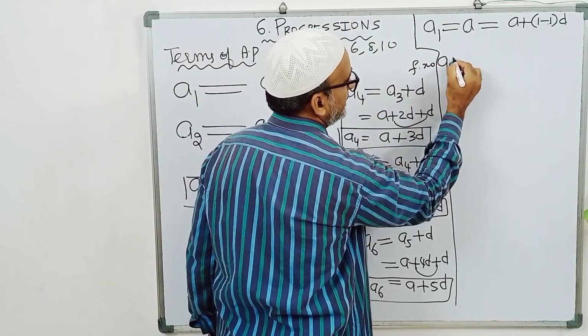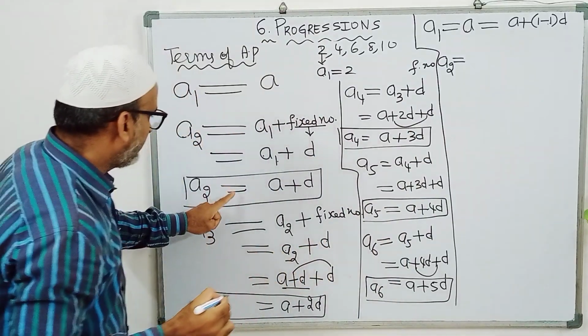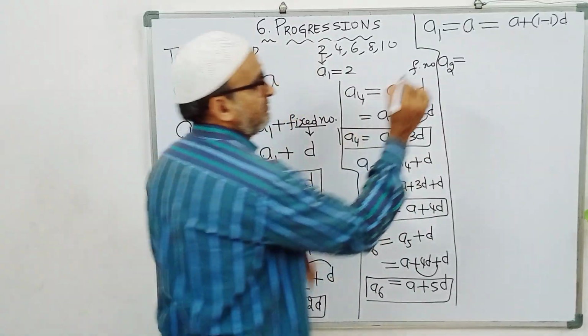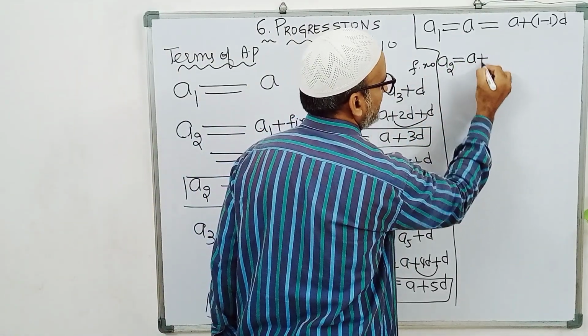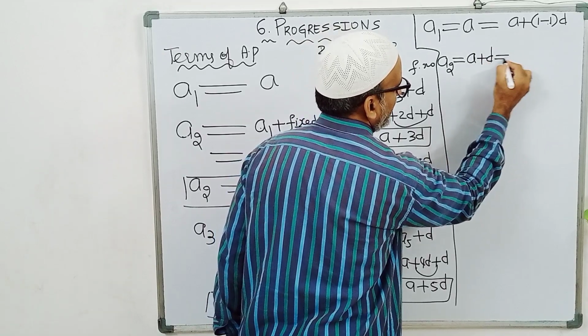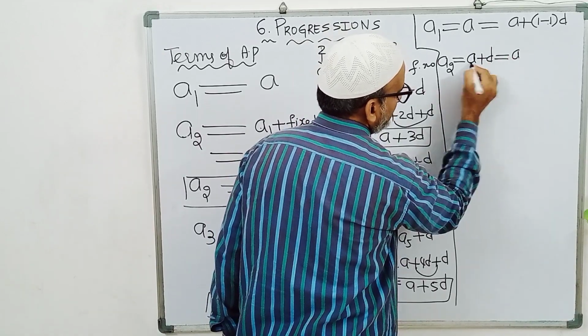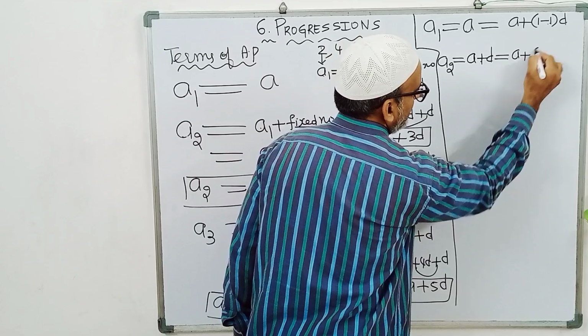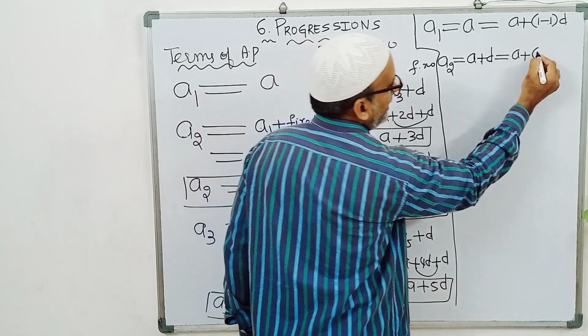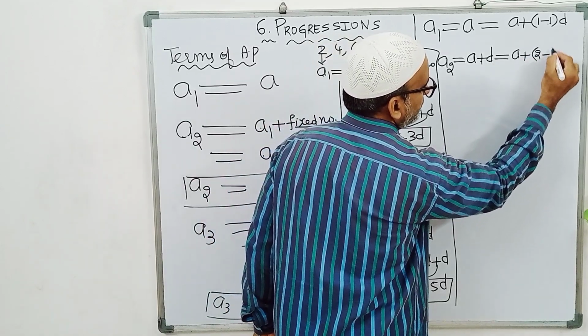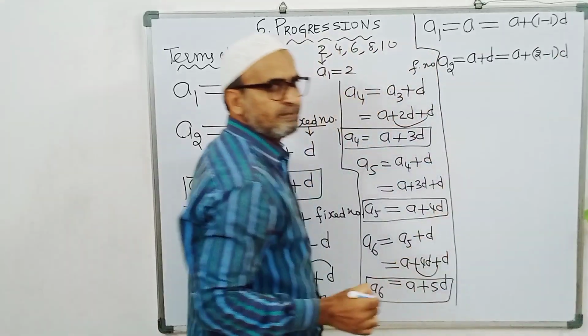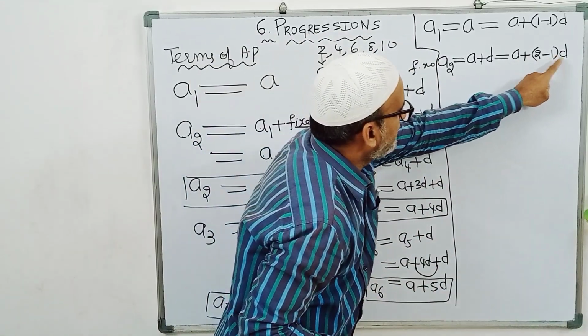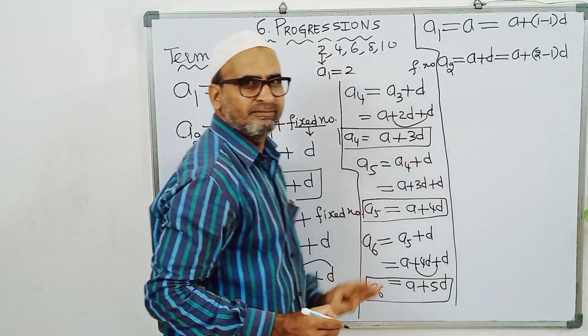A2 is equal to A plus D. A is compulsory, plus D. Can I write this as A plus (2 minus 1) into D? 2 minus 1 is 1, 1 into D means D only.